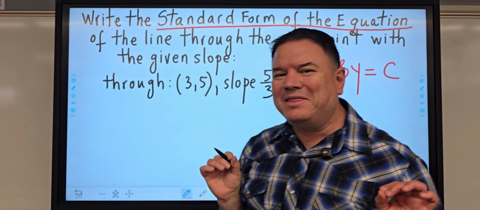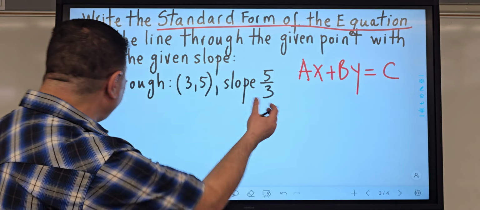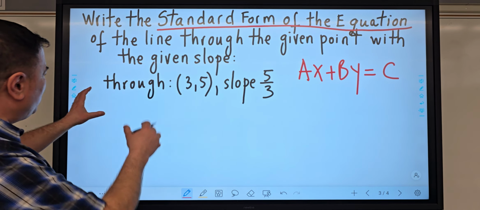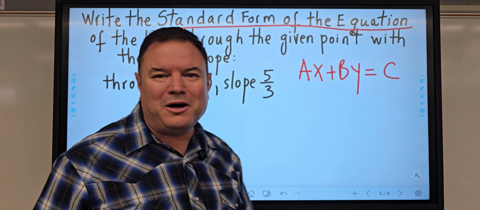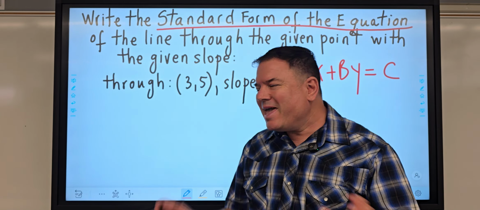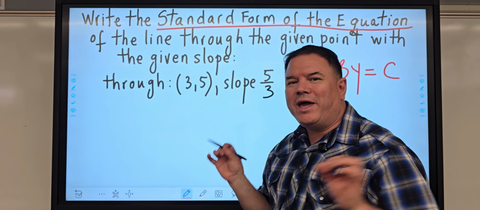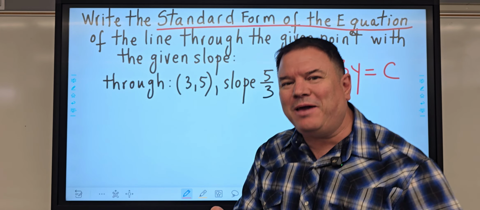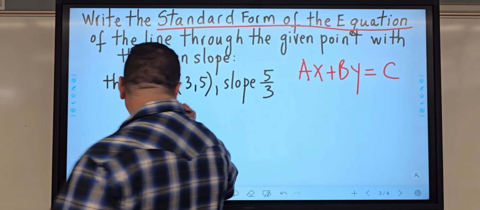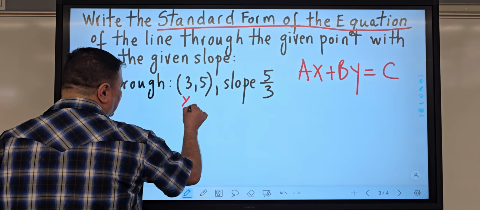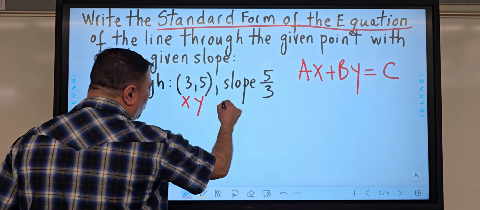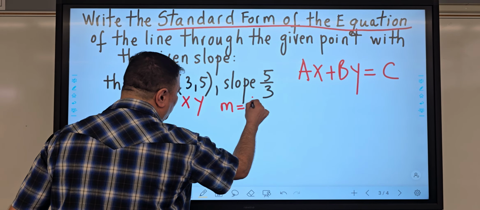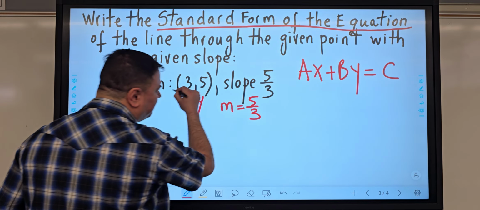Our equation goes through the point (3, 5) and has a slope of 5 over 3. Anytime we have a point, we have to label that point. So 3 represents our x, and 5 represents our y. And the slope is m equals 5 over 3.